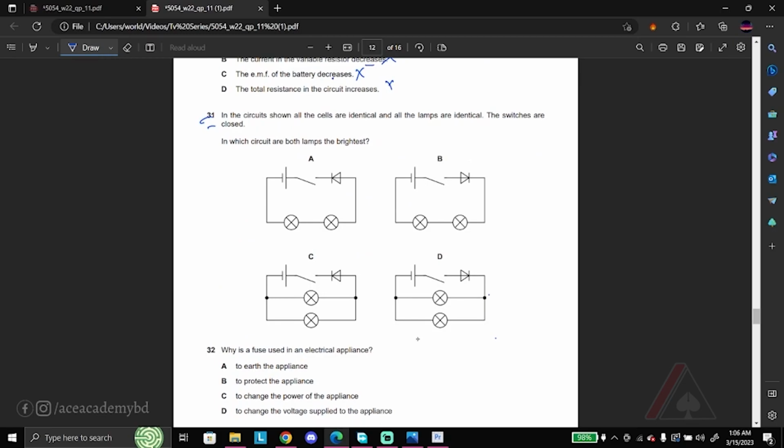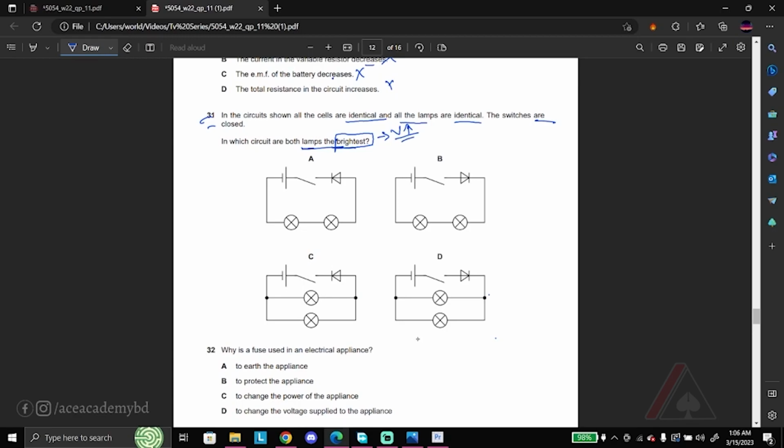Question 31 says in the circuit shown, all the cells are identical and all the lamps are identical. The switches are closed. In which circuit are both lamps the brightest? Okay, so for the lamp to be the brightest, we need the potential difference across the lamps to be as great as possible.